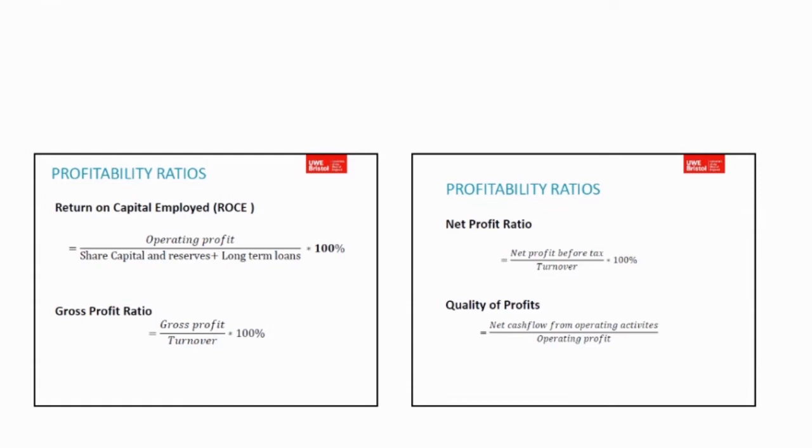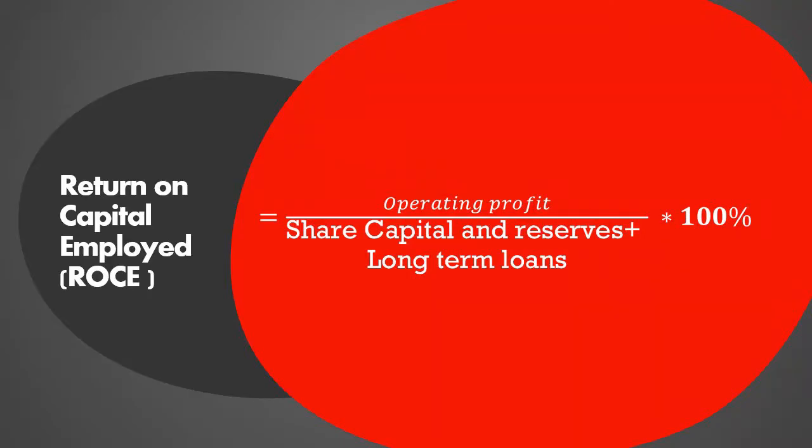So for example, looking at return on capital employed, we can see that the formula is operating profit divided by share capital and reserves plus long-term loans times 100%. So 100% is just to convert the result into a percentage. It's not that significant.